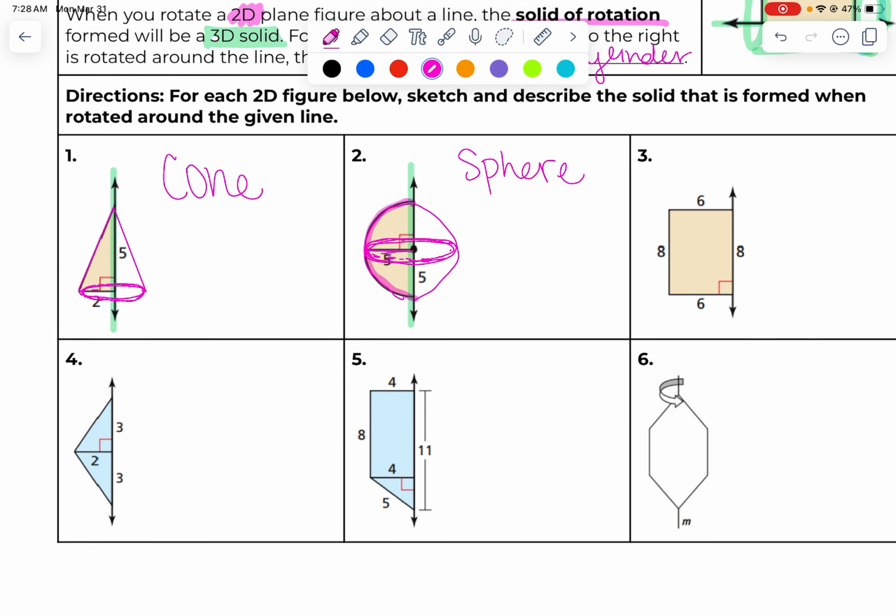All right, number 4. On number 4, we have 2 triangles. With these 2 triangles, we're going to start with this section in the middle. When that moves, it's going to move in a circular motion around this line of rotation.